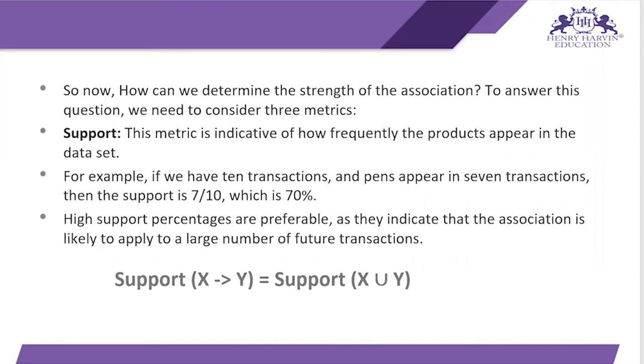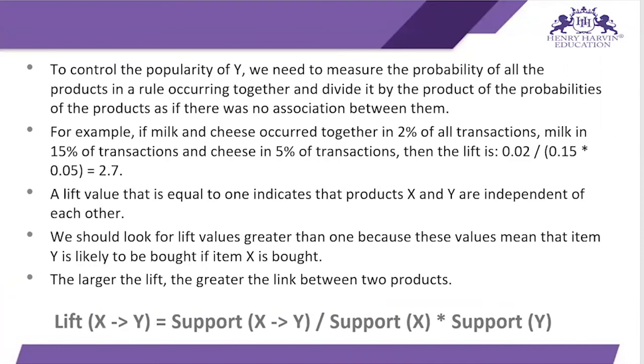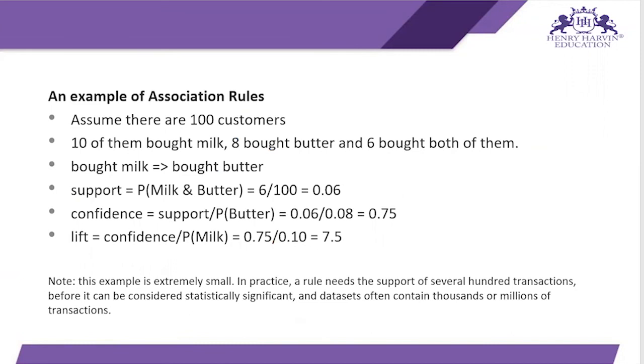We learned about support, confidence, and lift, and we considered a small example of what the values of support, confidence, and lift are. And that's all for the theoretical session.